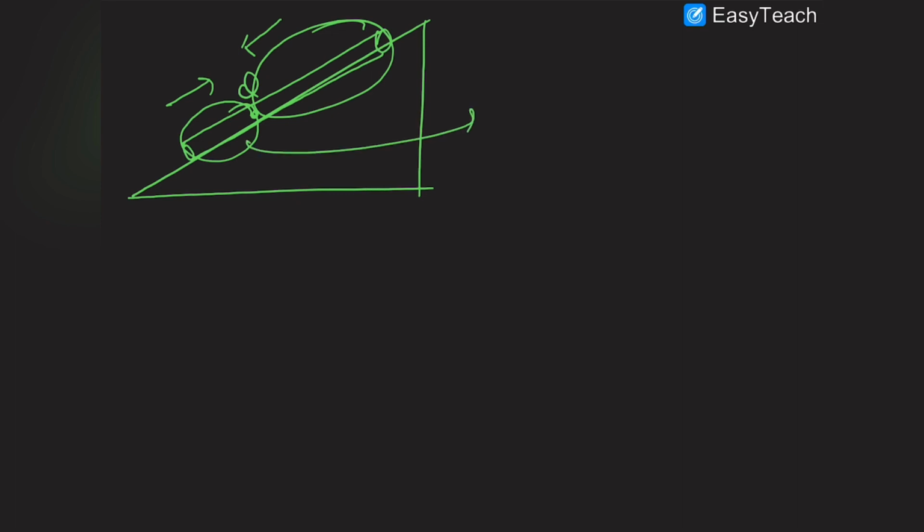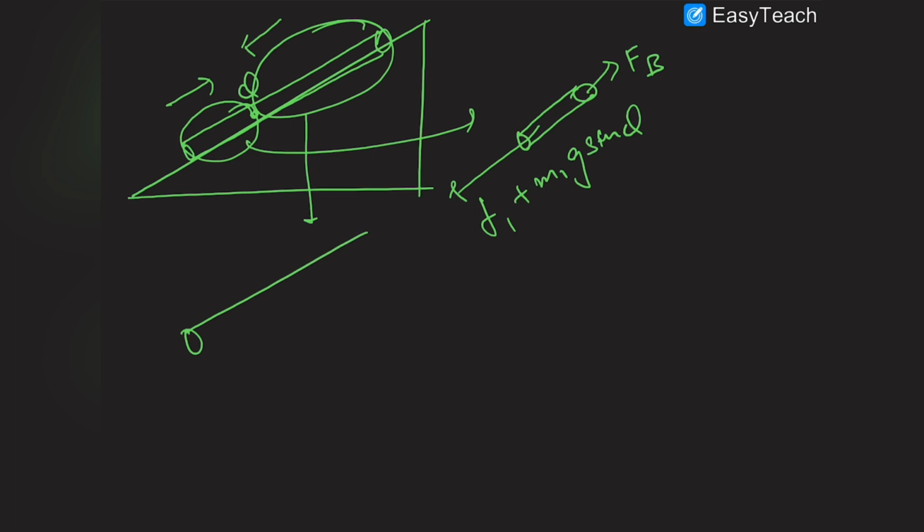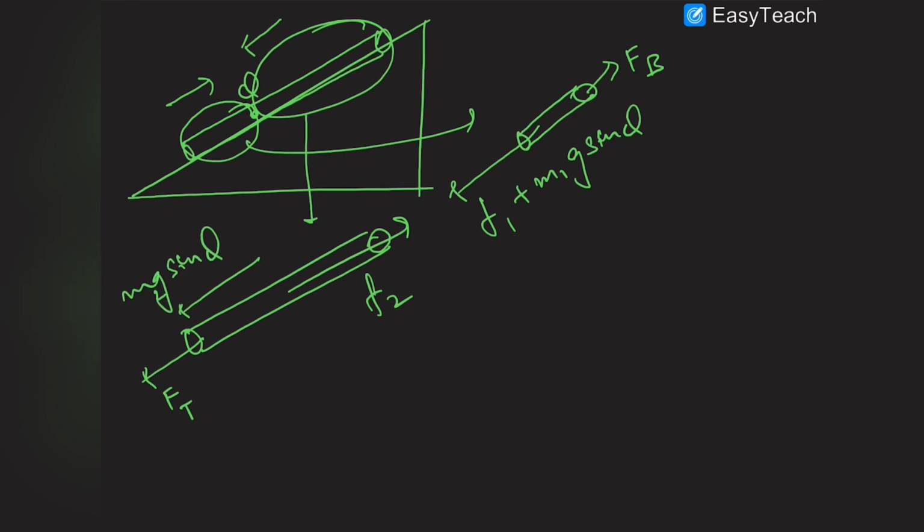So if I draw the diagram of this rod, you can see that there would be a pulling force acting on this rod, let us suppose F bottom, and this friction will be acting in the downward direction, as well as m1g sine theta in the downward direction. For this part, there would be a pulling force acting in the downward direction, F top, and friction would be acting in the upward direction, F2, and m2g sine theta will be acting in the downward direction.